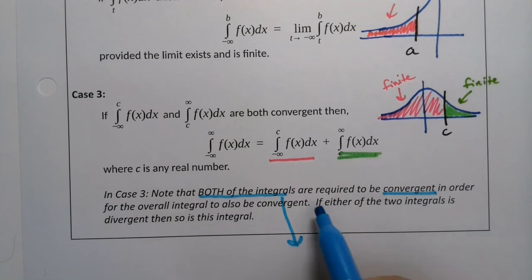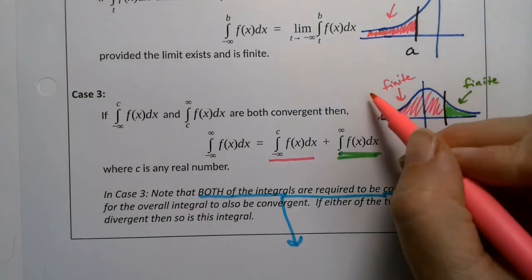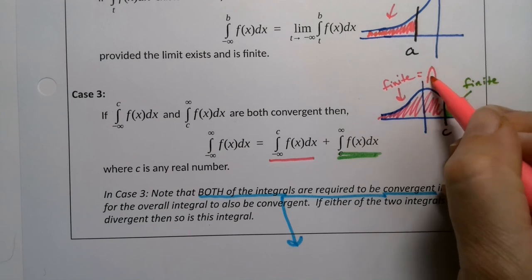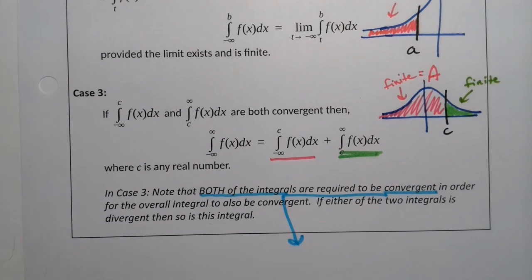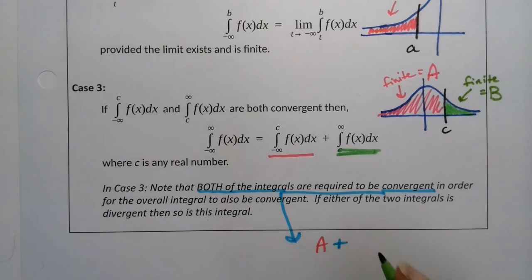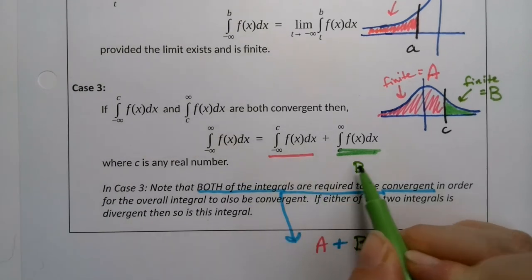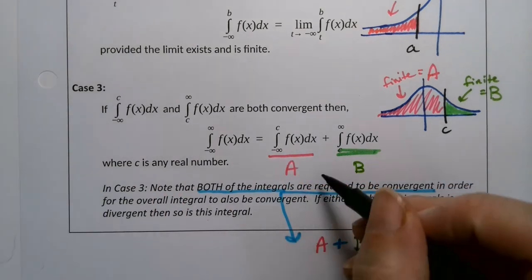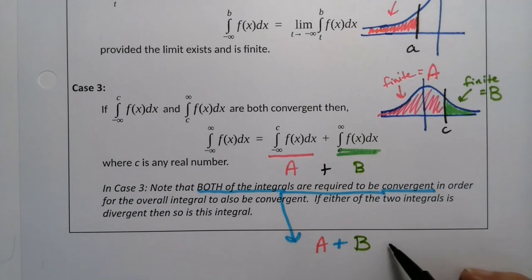So if I pretend that this side over here was equal to capital A, and this side over here is equal to capital B, then I would say that it's A plus B. They would have to both be finite.